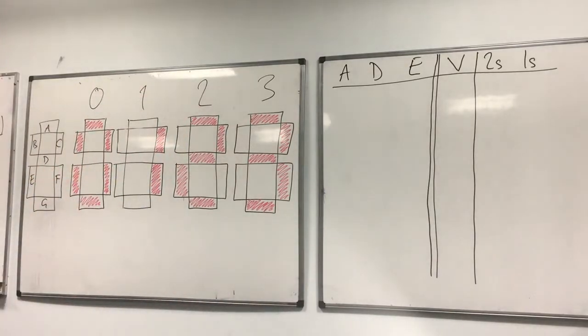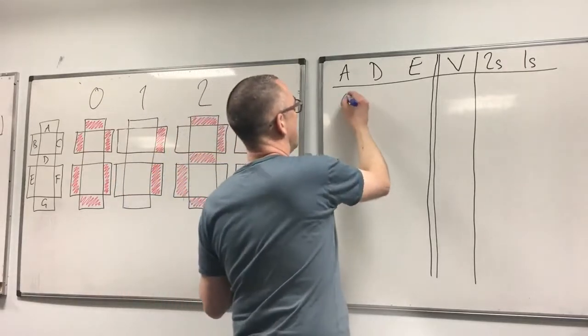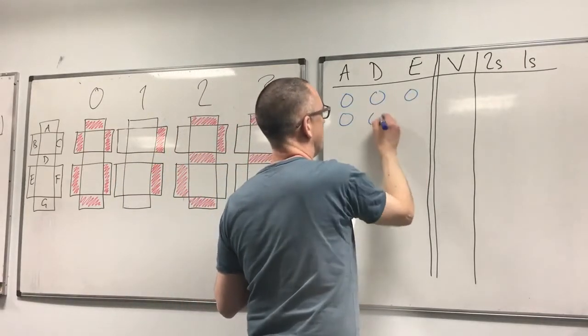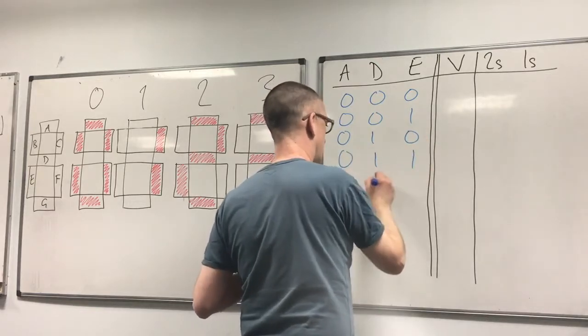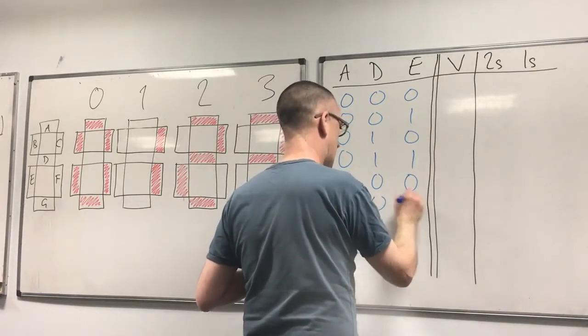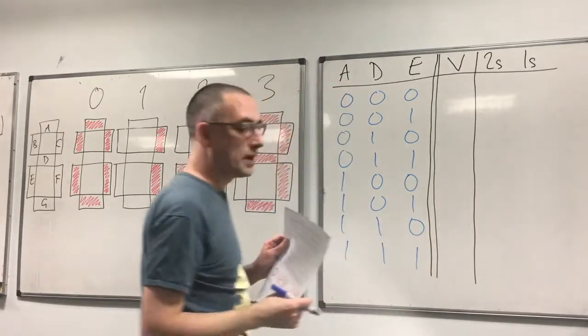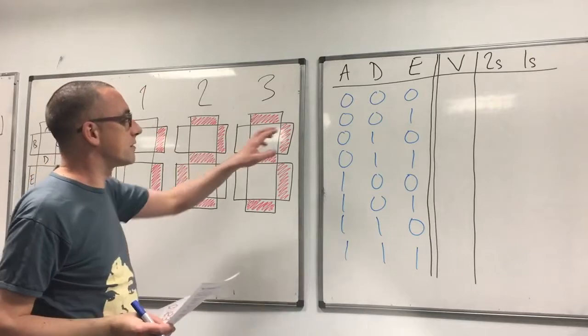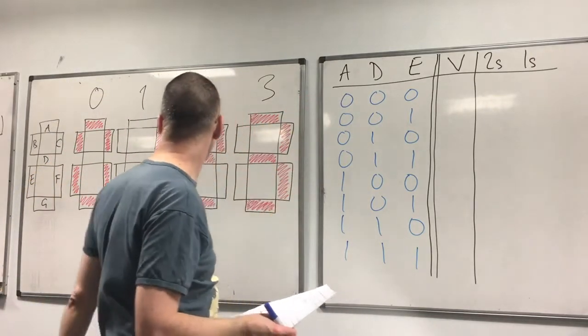Let's tabulate all possible inputs in increasing order. Okay, and now let's go and look at the diagrams to see whether we have any matches.